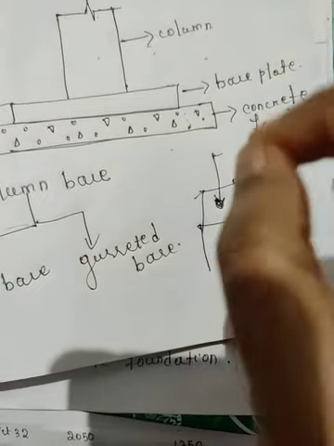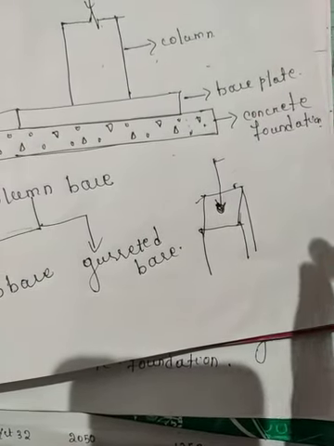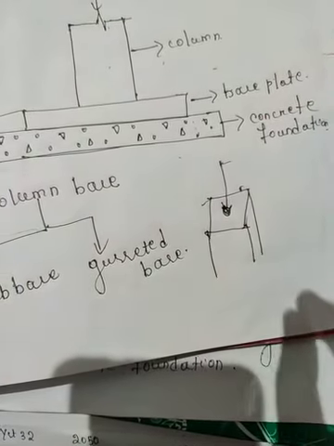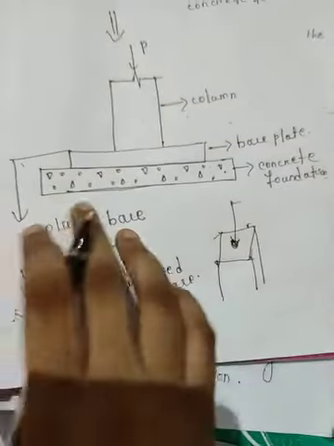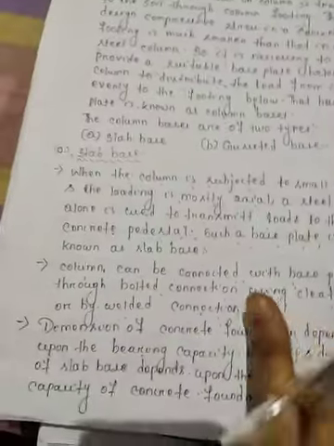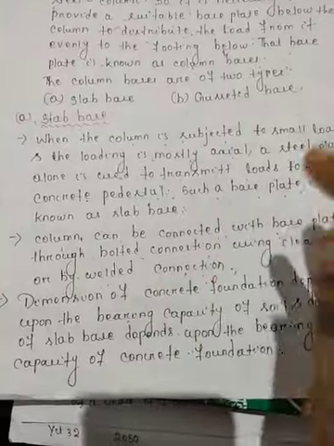So when the column is subjected to purely axial compressive force and the load is of small magnitude, then we will use the slab base.